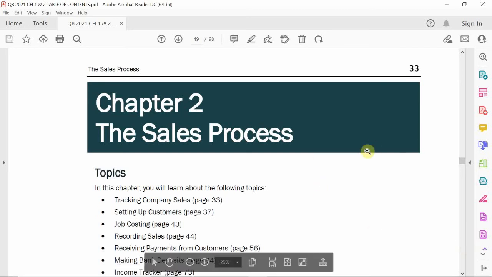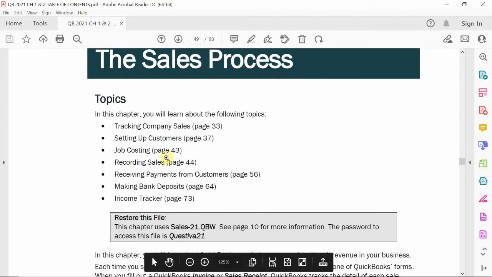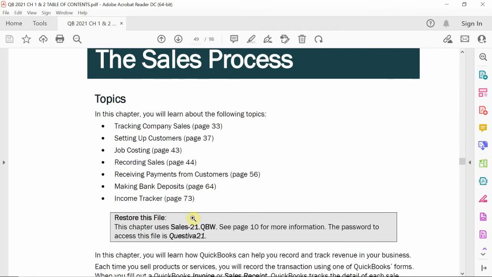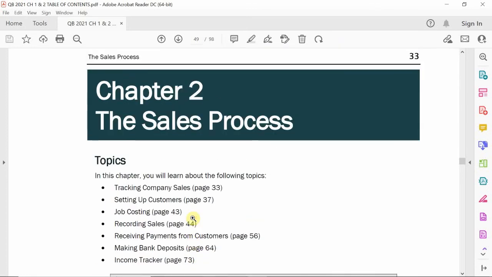So again, when we're on here, it gives you pretty much a huge list of the topics that we're going to be learning here today in the sales process. Now, let me tell you this: chapter 2, chapter 3, and chapter 13, that whole entire section is going to be dealing with this group of individuals, which is your customers.